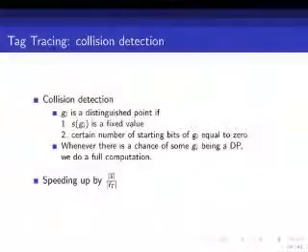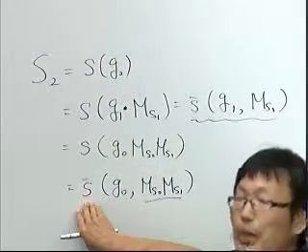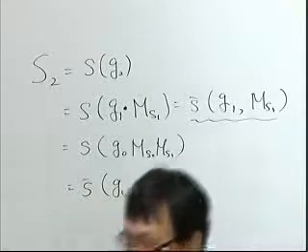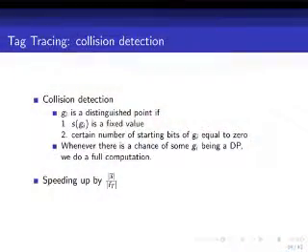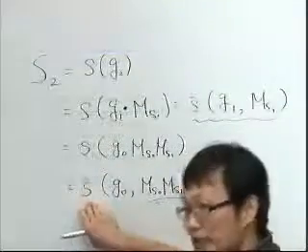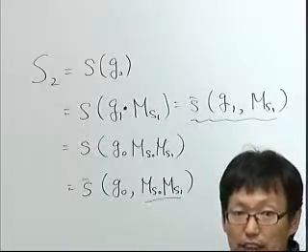And whether it's efficient or not depends on whether this index computation is faster or not compared with the full multiplication. And okay, then the remaining thing is how to detect the collisions. So rather than computing only several bits of information, we usually compute larger information, 10 bits or 20 bits.